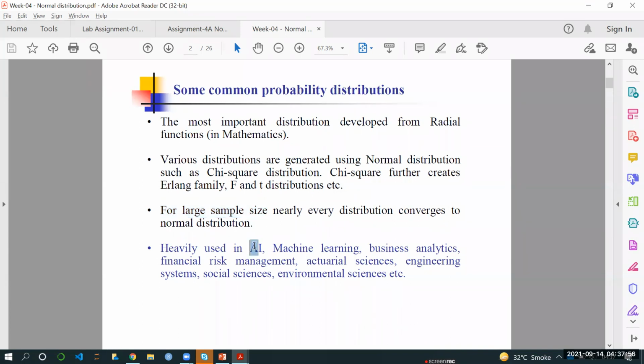It is heavily used in artificial intelligence. For example, a line following robot, a robot that follows a black line and keeps moving. On the background is the SLAM algorithm, and the SLAM algorithm uses normal distribution.